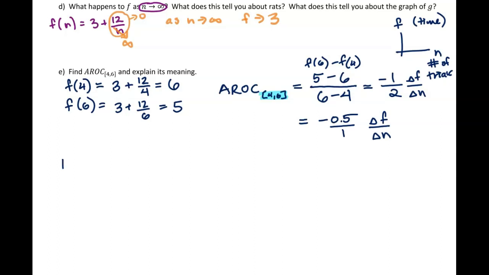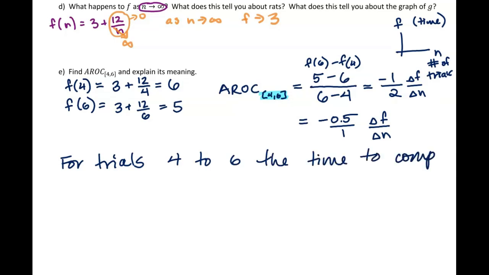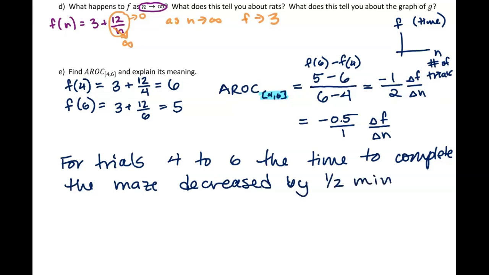So for trials 4 through 6, the time to complete the maze decreased by half a minute per trial on average.